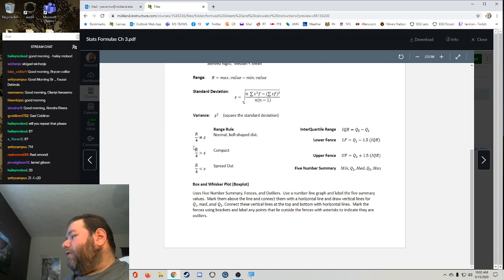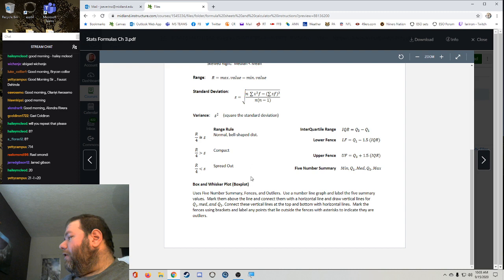If the range divided by 4 is greater than S, then we can say it's compact, like all the data is fairly close together. And if the range divided by 4 is less than S, then we can say the data is pretty spread out.